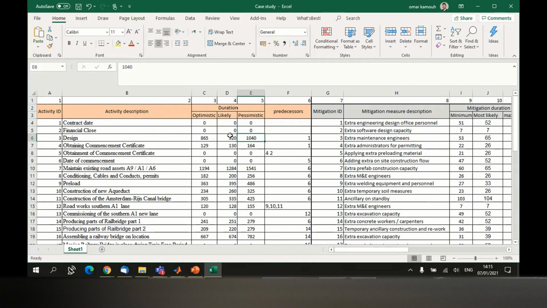So if the activities are taking more than the expected, assume that this activity took more than this expected value, then your project is going to be delayed. You have to execute mitigation measures to finish your project within your original duration. I'm not talking about risk. We are talking about uncertainty in the duration of activities.